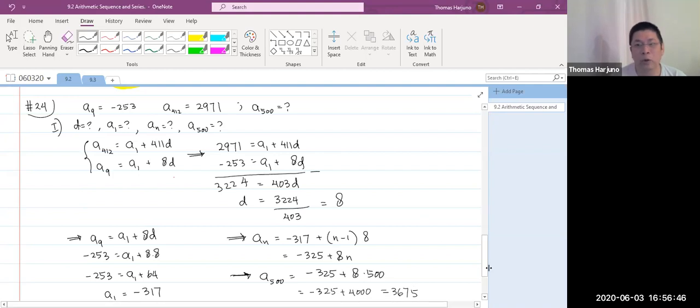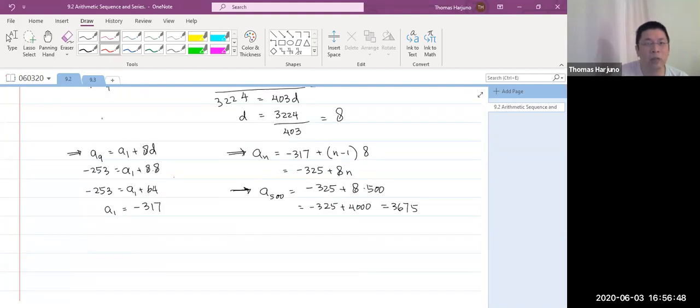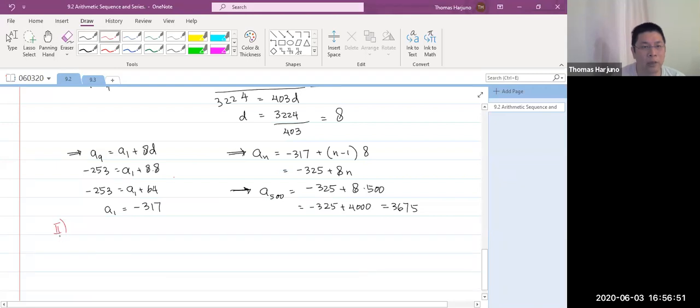Okay, now let me offer you another method, slightly more advanced, but this second method basically does not require us to find the first term or the general term. So what we know is the 412th term equals the 9th term plus how many times the difference. Basically, how many times do we need to jump from the 9th term to the 412th term?